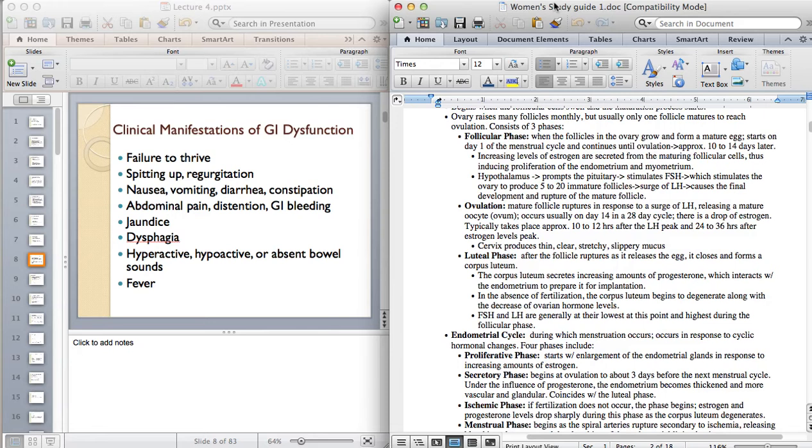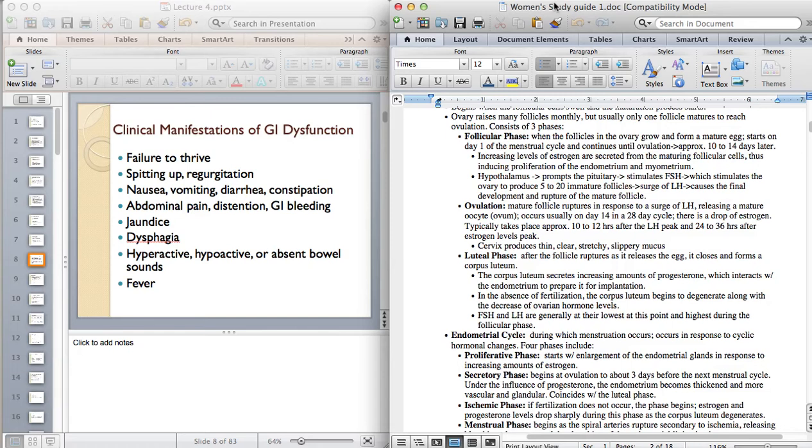Or the child is spitting up. Or the child has nausea, diarrhea, or maybe constipation, or maybe abdominal pain. And when you listen, the bowel sounds may be hypoactive, hyperactive, or even absent. Hypoactive or absent bowel sounds may come in obstruction.